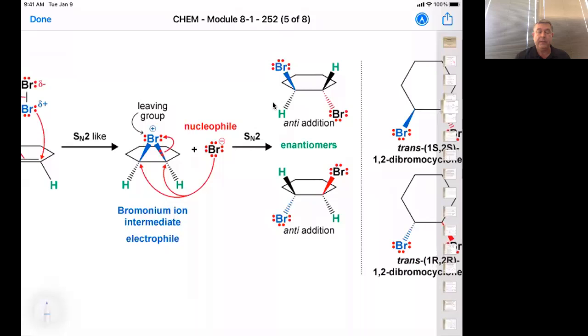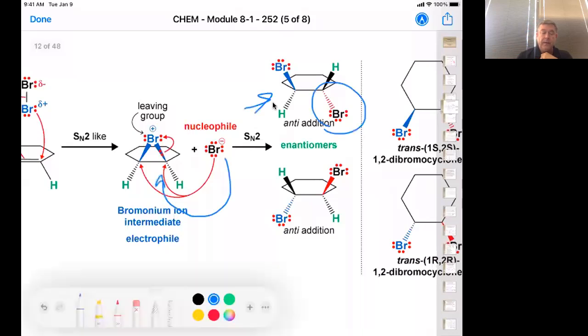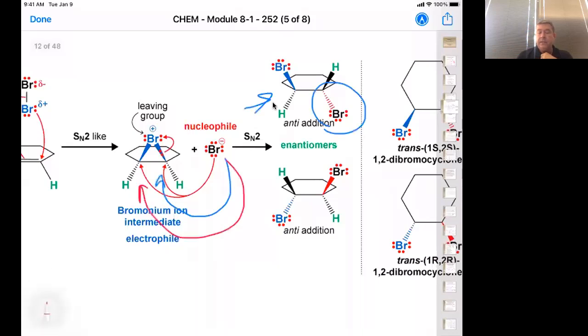If the nucleophile comes in and attacks this one, we get this isomer here, where the bromine is on that adjacent carbon. And if it attacks on the other side, right here, that gives us this product here because the bromine is attacking on this other carbon.